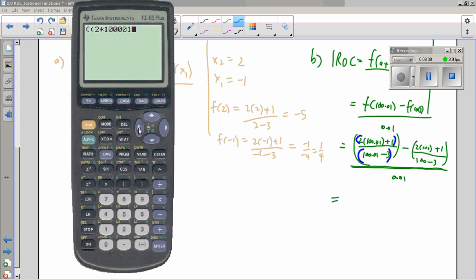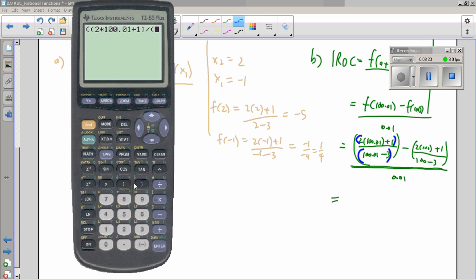100.01 plus 1 bracket, and that's this bracket, divided by, and I suppose I could do some of this in my head.